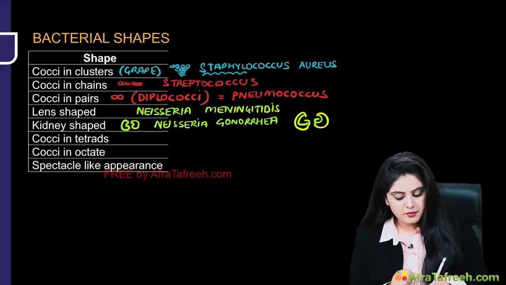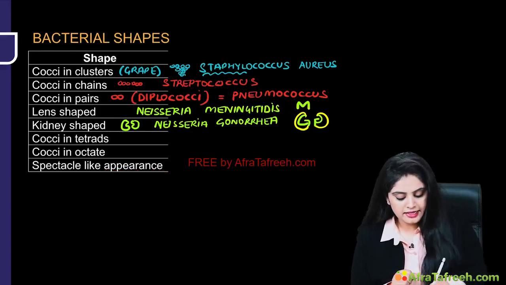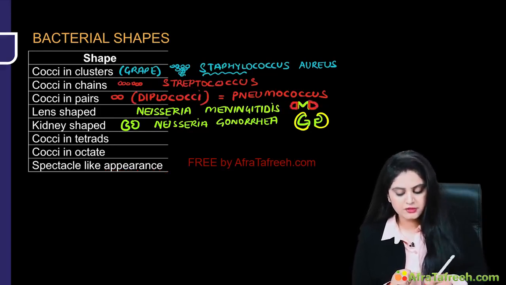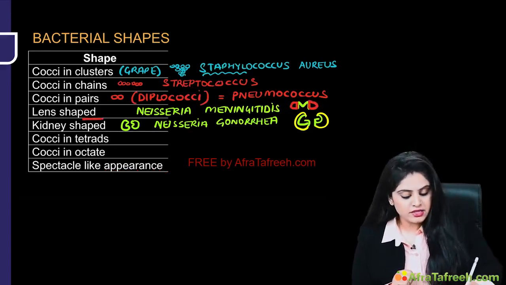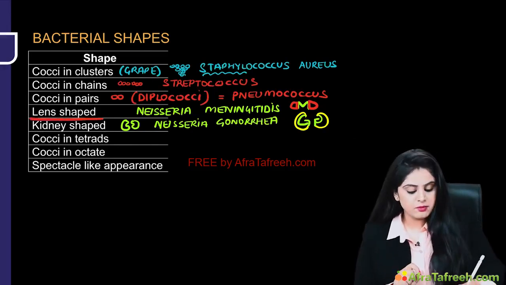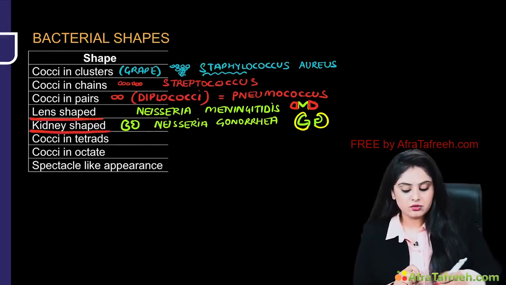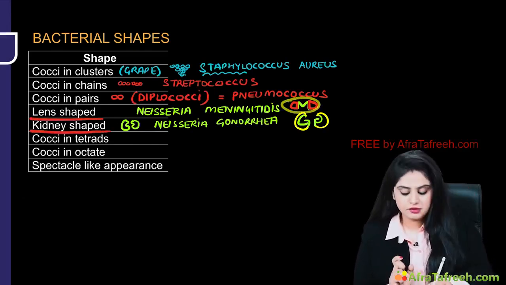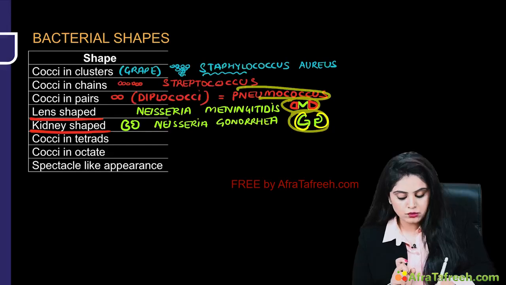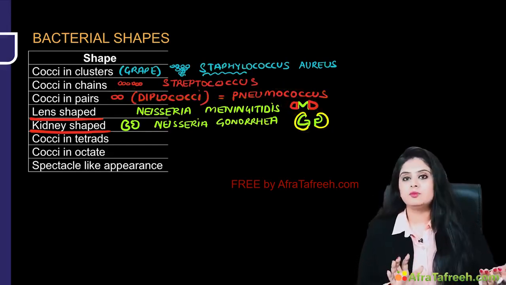If I write the M like this, it looks like a lens. I can make a lens over here and a lens over here. So Neisseria meningitidis is the M, that is lens shaped, and gonorrhea is the G, that is kidney shaped. Similarly, this is also a diplococci, this is also a diplococci, and pneumococcus was also a diplococci, but their shapes are different.